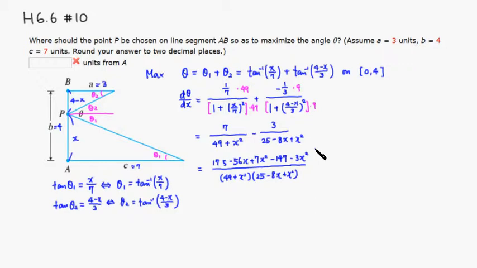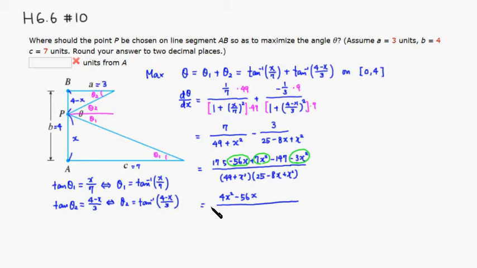Then we just collect the like terms. We're going to have 7x squared and minus 3x squared, so that will be 4x squared. Then there's a negative 56x.